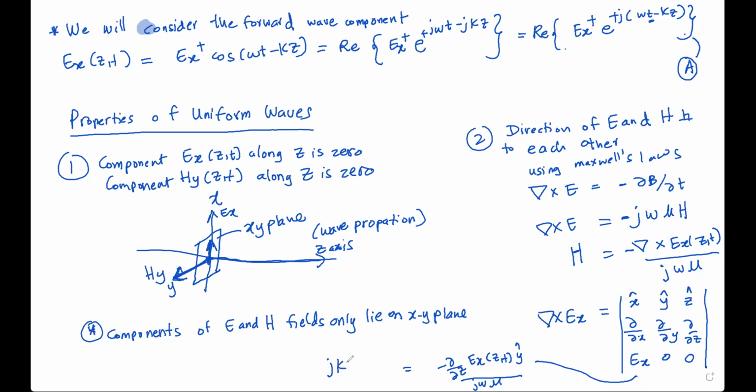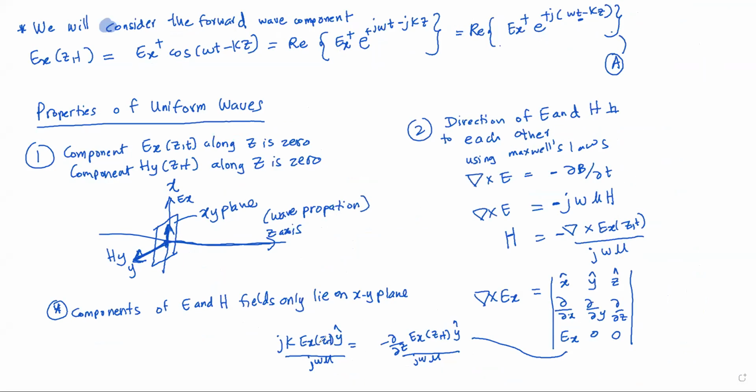So only jk will remain, and I will be left with Ex is a t y hat over j omega mu, j omega mu. Okay. So this is what we are left with.